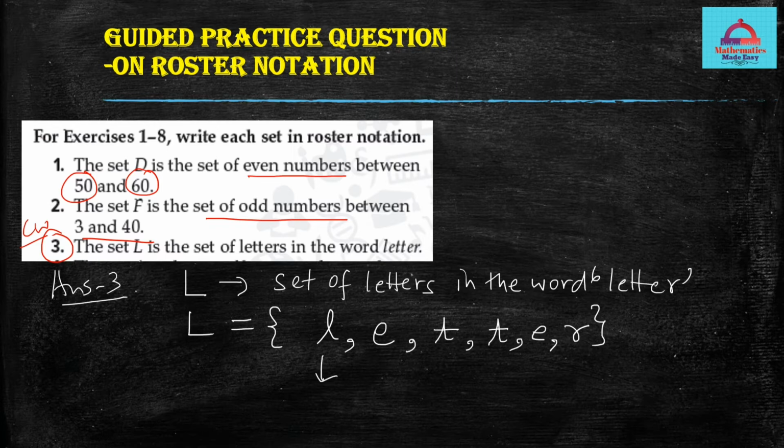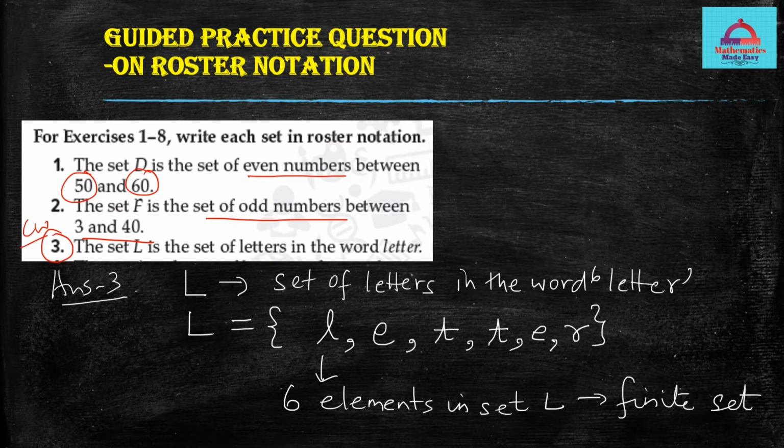There are going to be 6 elements in set L, and therefore that makes it a finite set. So please try question 1 and 2 also in a very similar way.